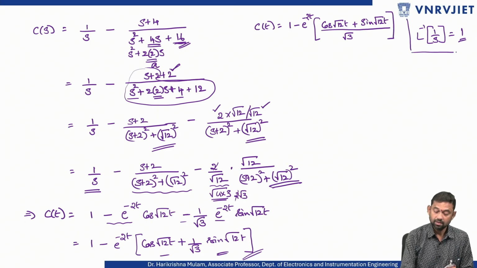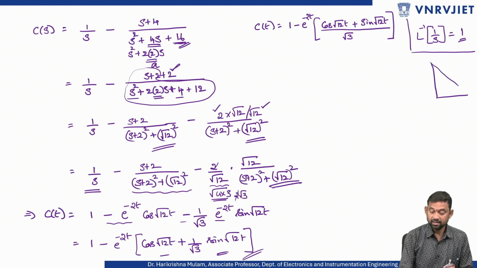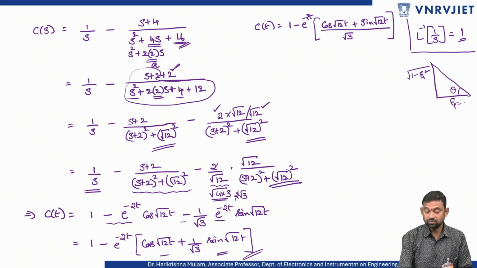Then before proceeding further, let us take this right angle triangle with angle theta here. Opposite side is square root of 1 minus zeta square. Adjacent side is zeta. So zeta, we know its value is 0.5. I would like to write it as 1 by 2 here.